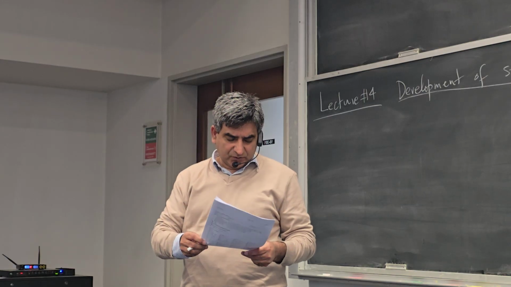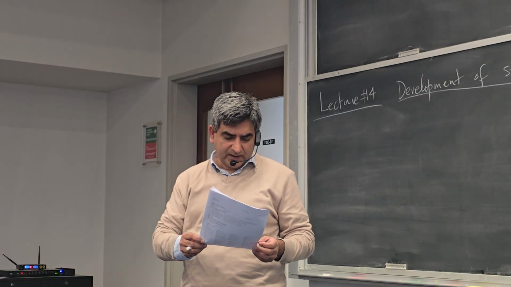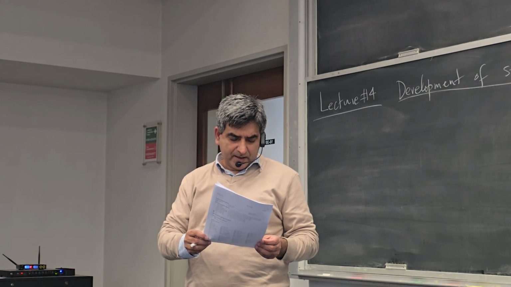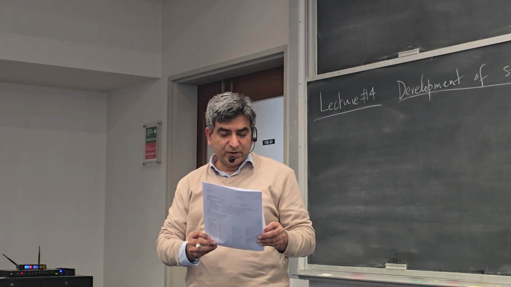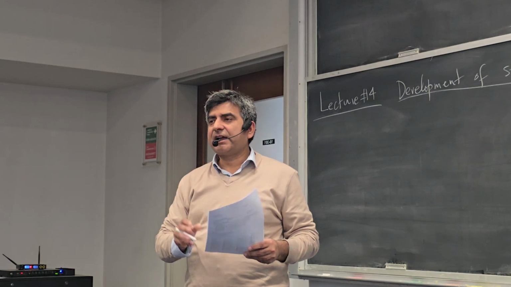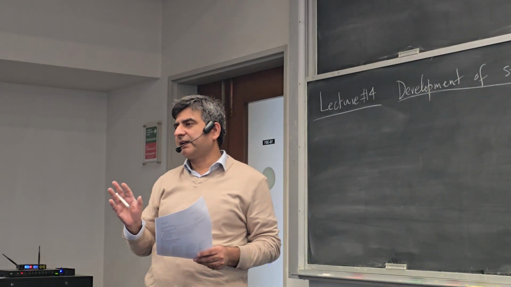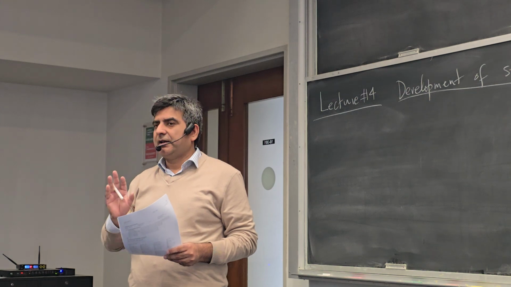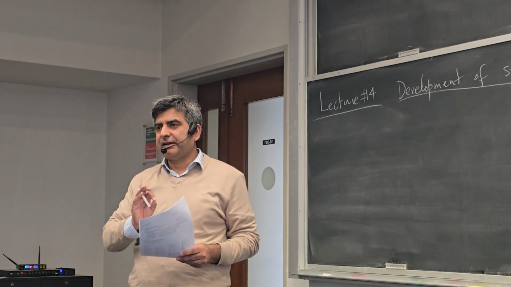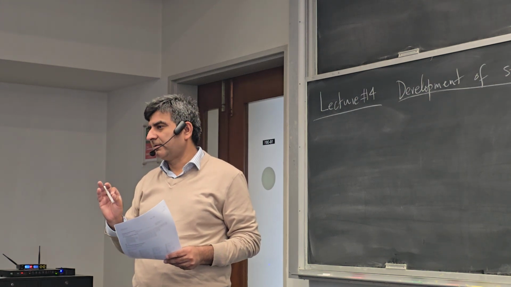Trigonal, so they have actually clubbed together hexagonal and rhombohedral here. So hexagonal has a 6 or a 6-bar axis, and rhombohedral has a 3 axis that is along the body diagonal.